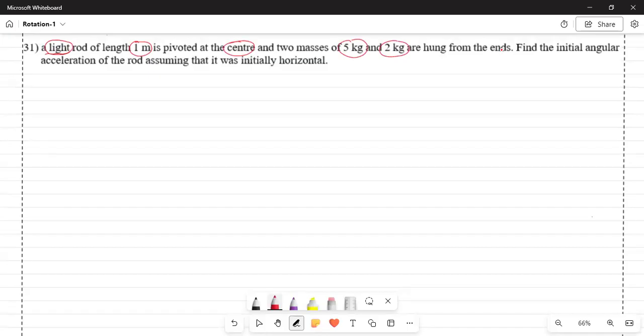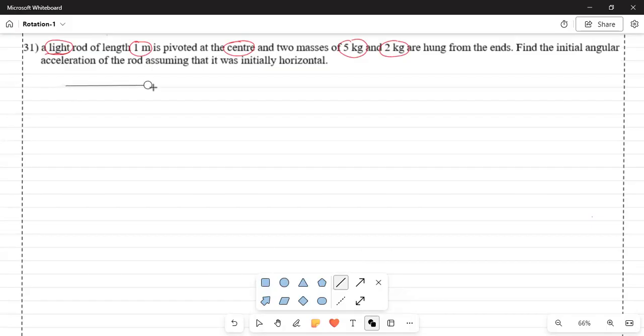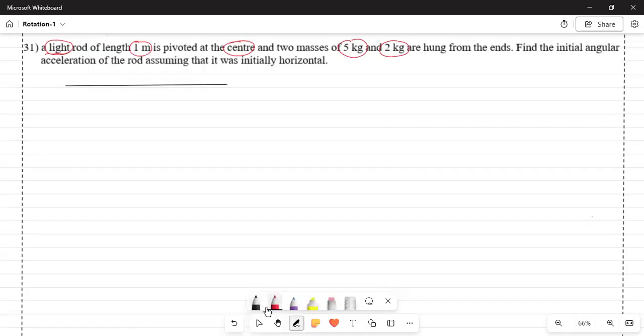from the two ends. So we can take a light rod, like this, okay? Then there are two masses with a little string, some kind of a string.